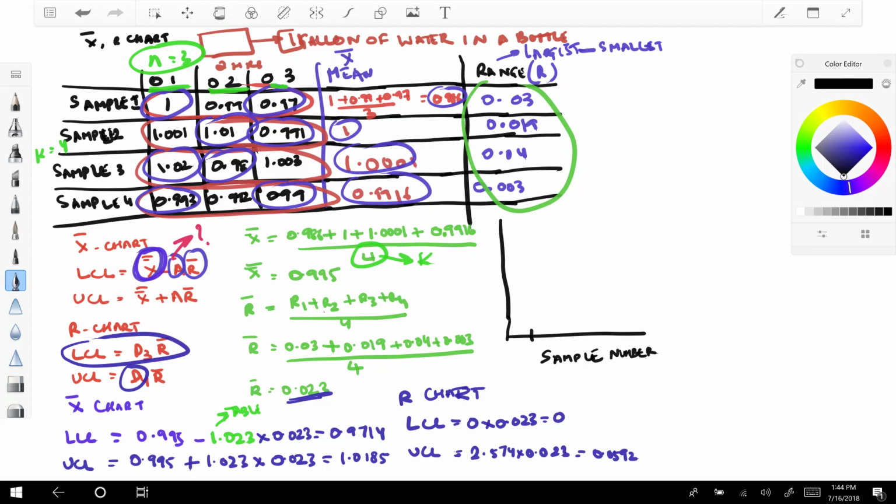So this is 1, 2, 3, 4. Now I have lower control limit and upper control limit.